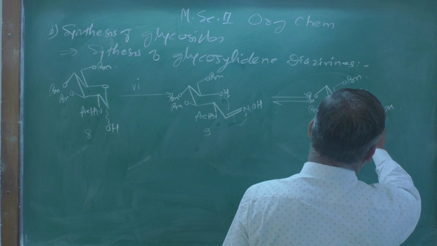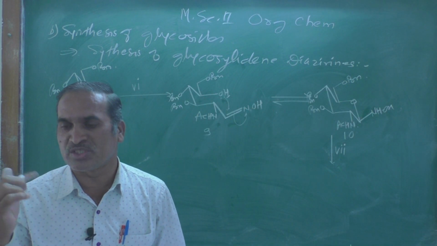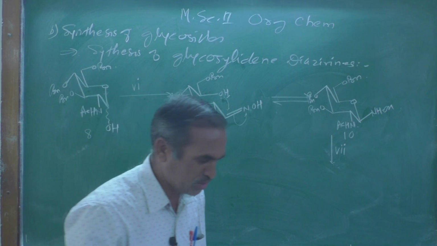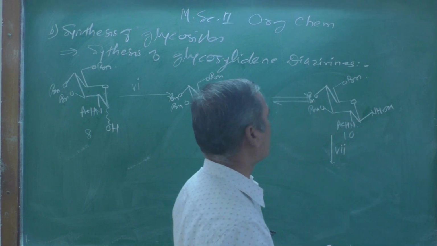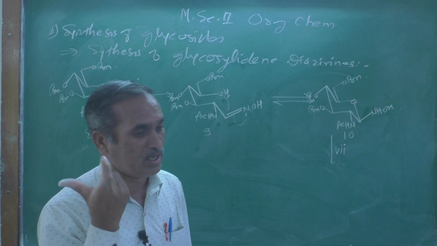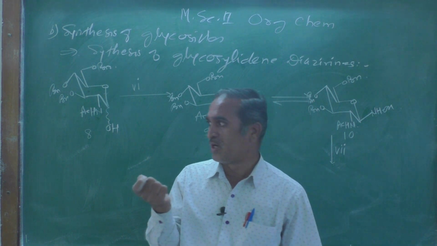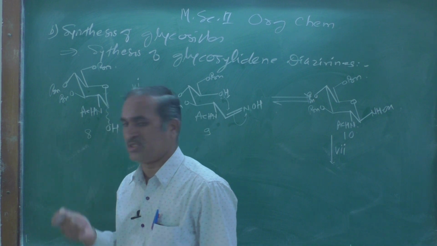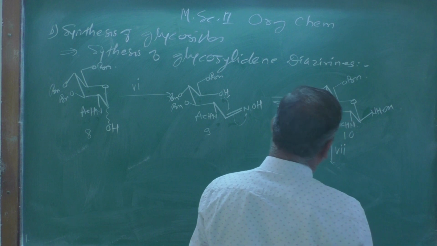Now this part only, remember the anomeric part is changing while adding the reagent, and as we know the reaction site is nothing but a functional group. That functional group at a particular position, that particular functional group is the only one changing. Please note that down carefully.